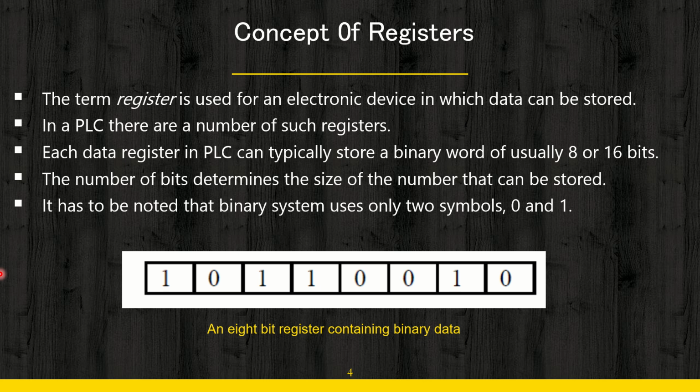If it is 1 MB of memory, it is a very large memory. So how will you find it? Under those circumstances, you should know the address of that register. So another important concept that comes into the picture is that each register has got an address.